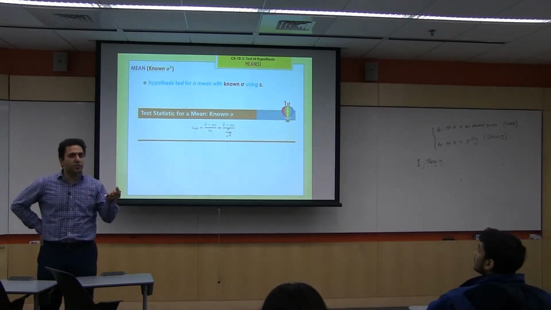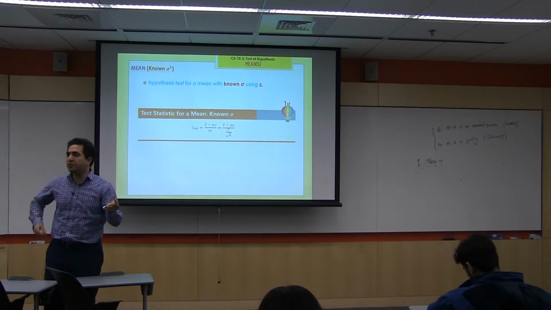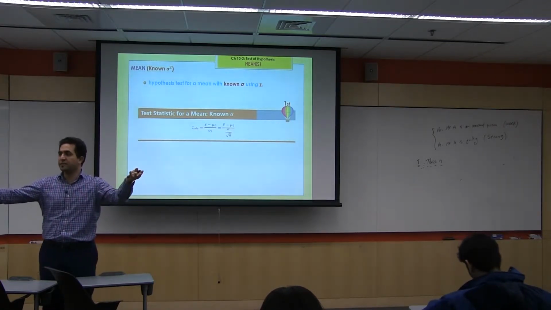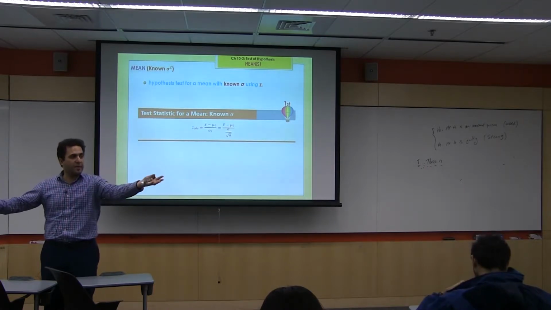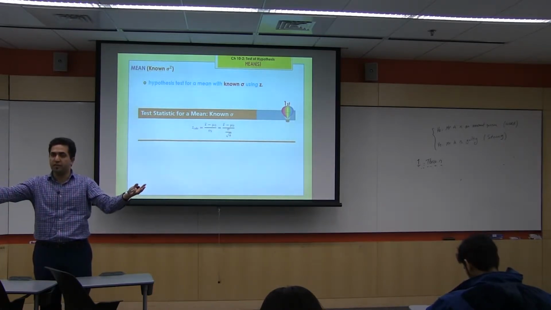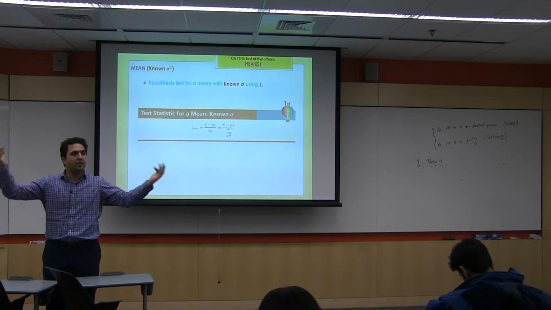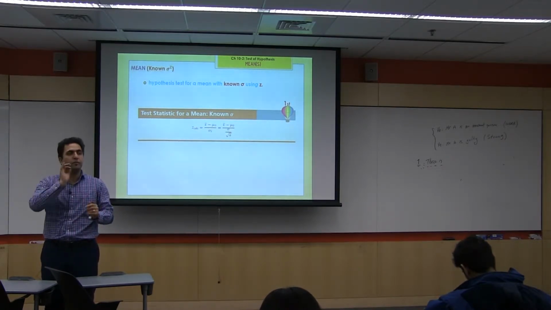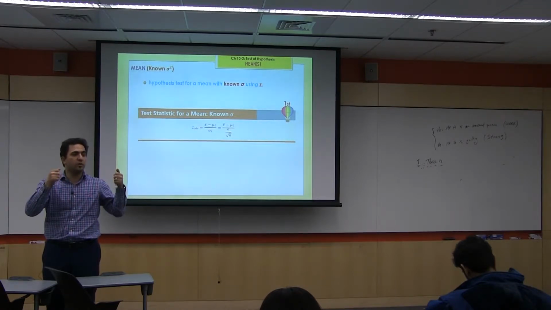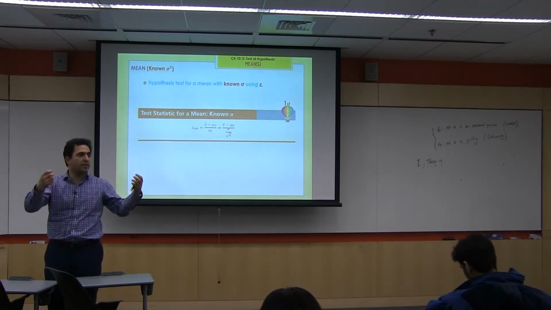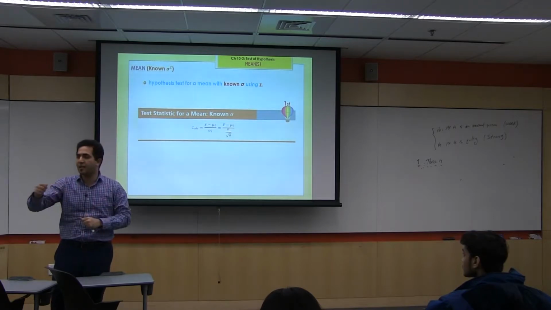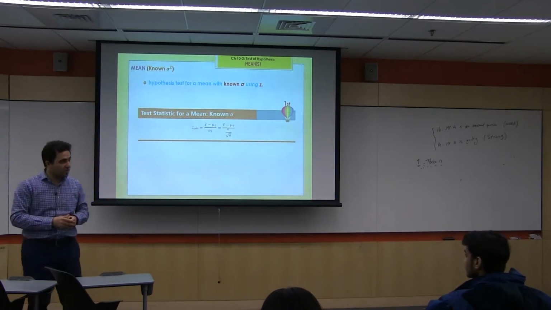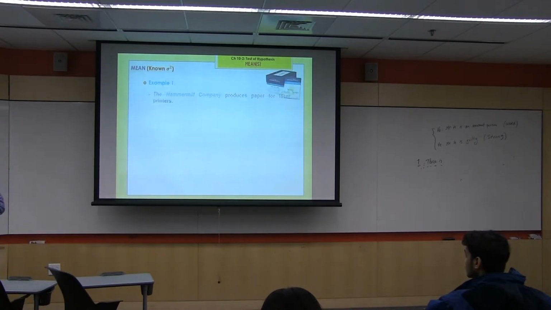Mu 0 is the mu that you're testing for. You're saying, okay, mu is 30. You run a sample, you get the x bar of 27.5. So x bar is from the sample, mu 0 is the mu that you're testing, and then you can form the calc to run the test. Pretty simple. The only thing you have to know for any single test is what's the appropriate calc to use: a z calc, t calc, chi-squared, or f calc. And then you're good to go.